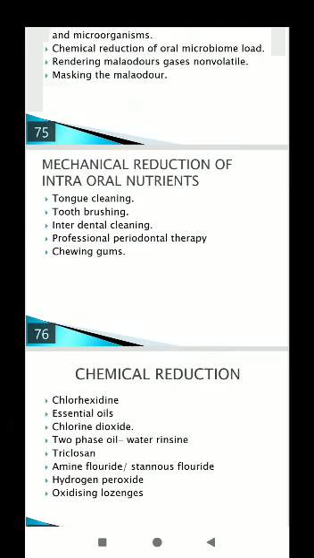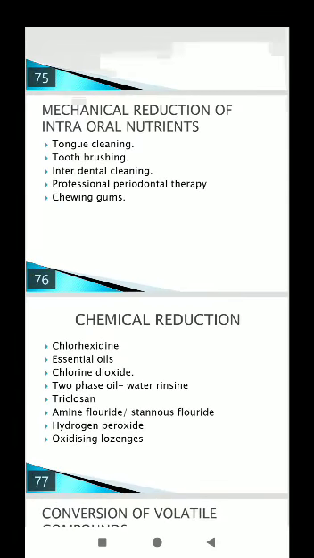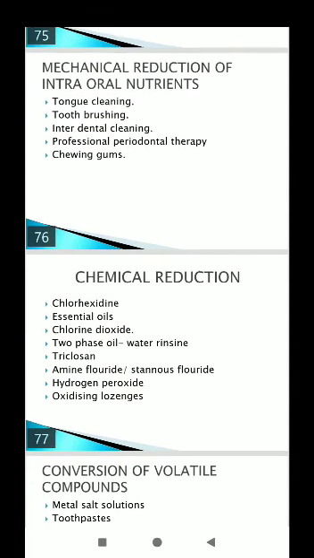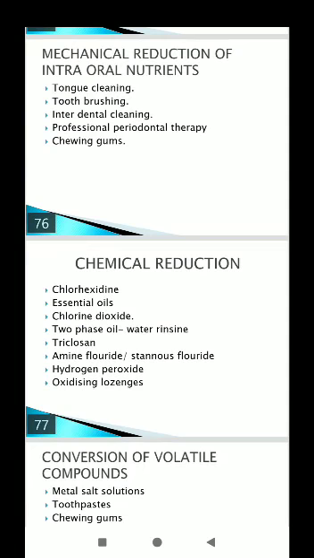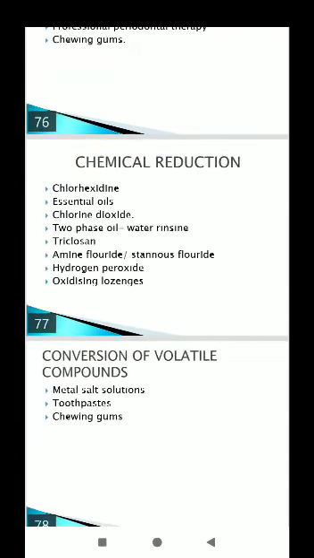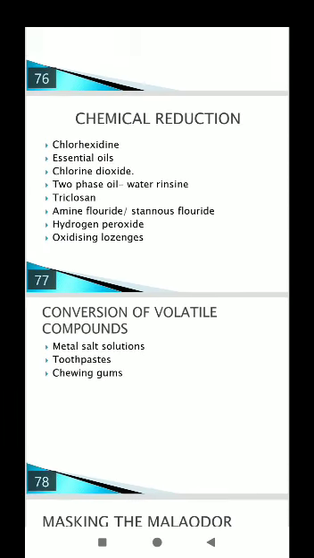Chemical reduction will be chlorhexidine mouthwashes, essential oils, two-phase oil-water rinse, triclosan, which is the main component of your toothpaste, amine fluoride, stannous fluoride as well, hydrogen peroxide and oxidizing lozenges, and volatile compounds such as metal salt solution, toothpaste, chewing gums.